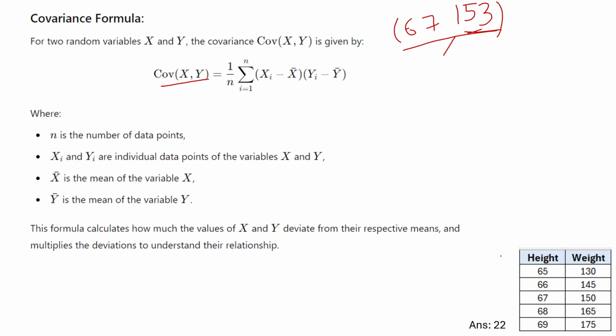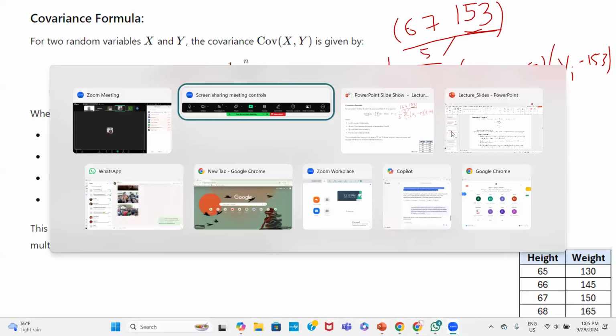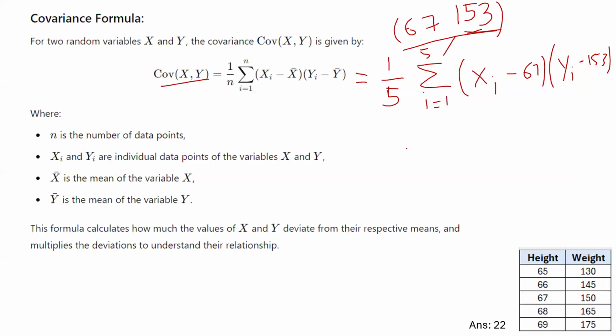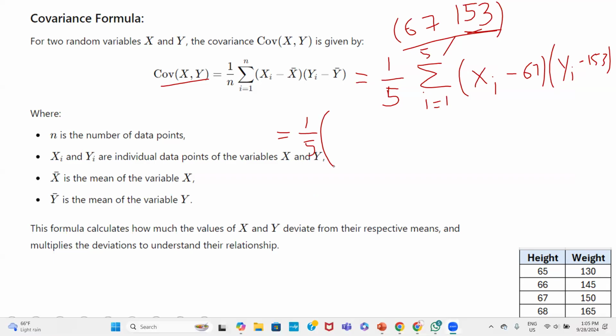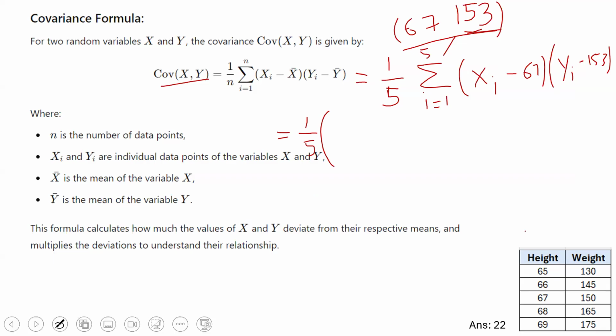Now if I apply xi, yi with the summation, this becomes 1 by 5, when i is equal to 1, what will be xi? 65. Yeah, 65 minus 67. And what is yi? 130. 130 minus 153.